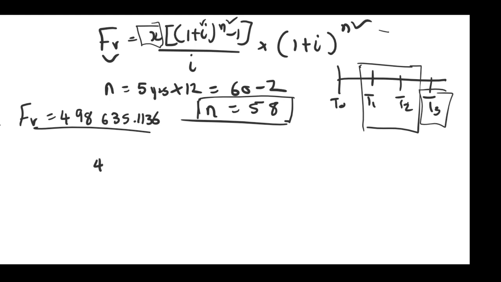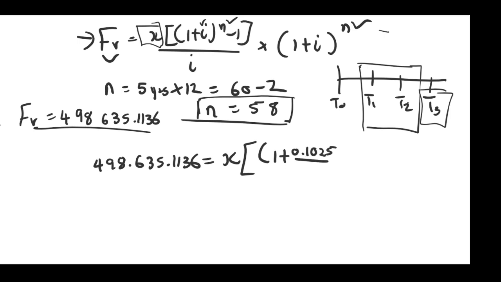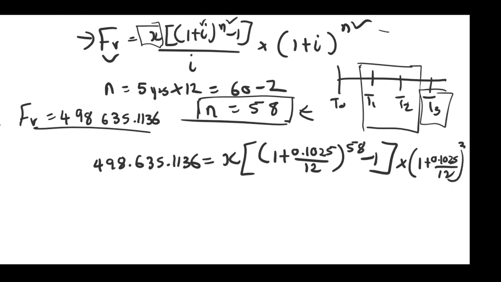So you're going to write 498,635.1136 equals x, which is what we are looking for, times 1 plus the interest rate, 10.25 divided by 100, which gives 0.1025, compounded monthly, so over 12, to the power of the number of terms, 58 minus 1, and then we multiply by 1 plus 0.1025 over 12 to the power of 3 there, and then we divide by 0.1025 over 12.